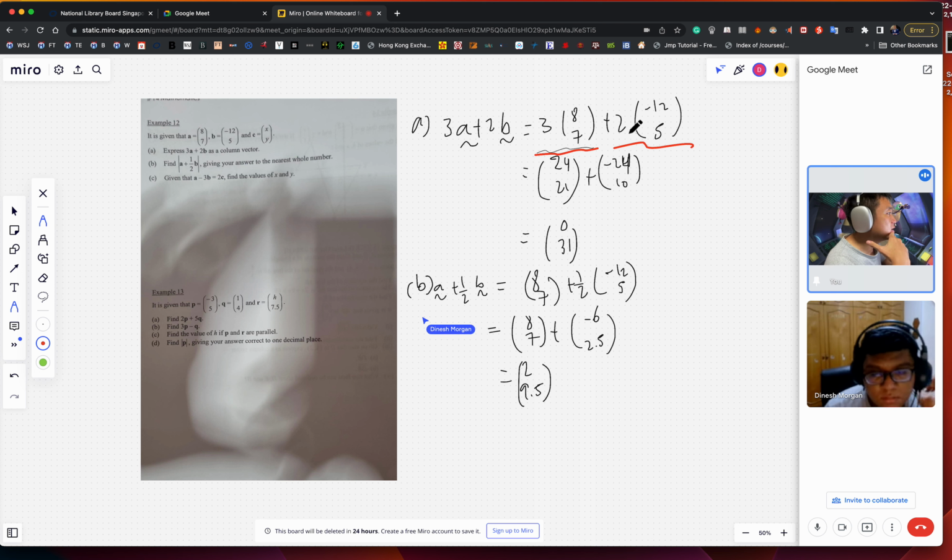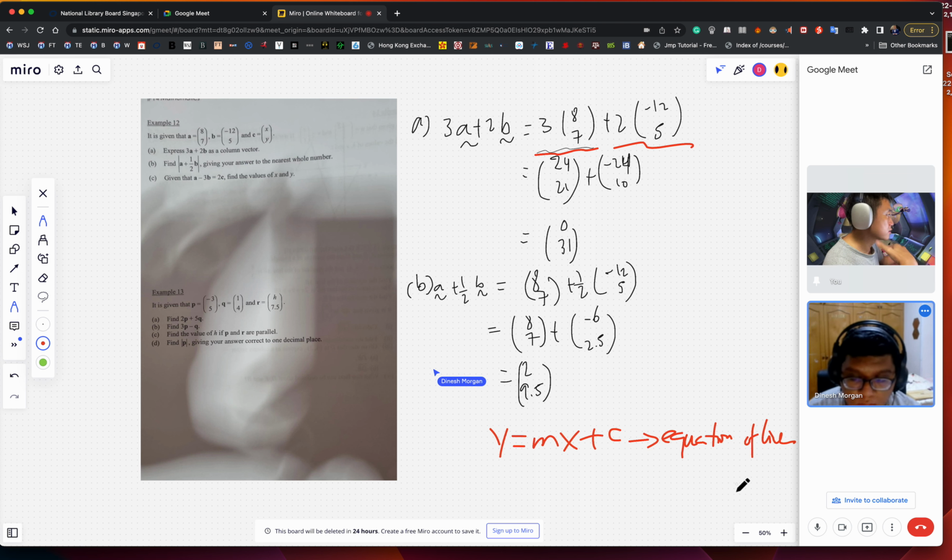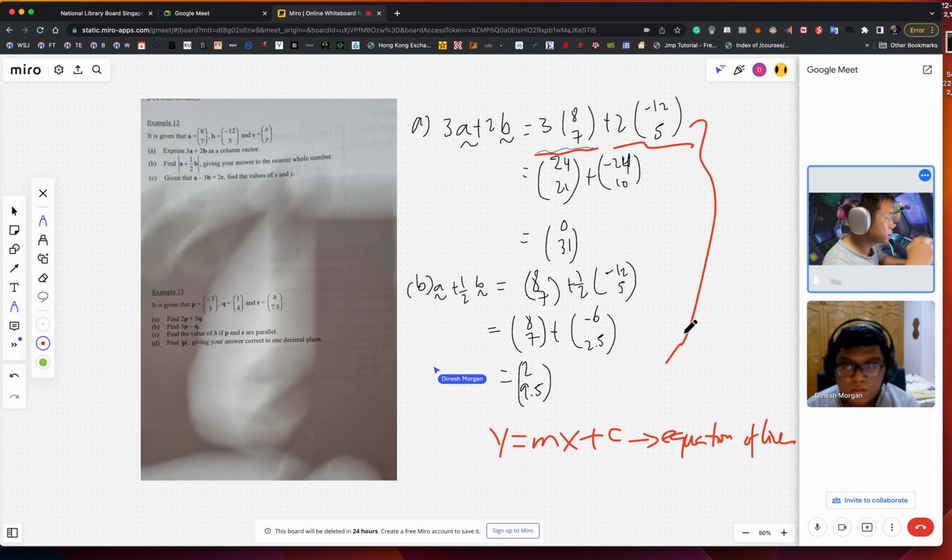In the past we have learned y equals mx plus c, right? And this is the equation of a line, right? I'm just trying to let you know how your knowledge in column vectors or vectors will help you in your transformation chapter.